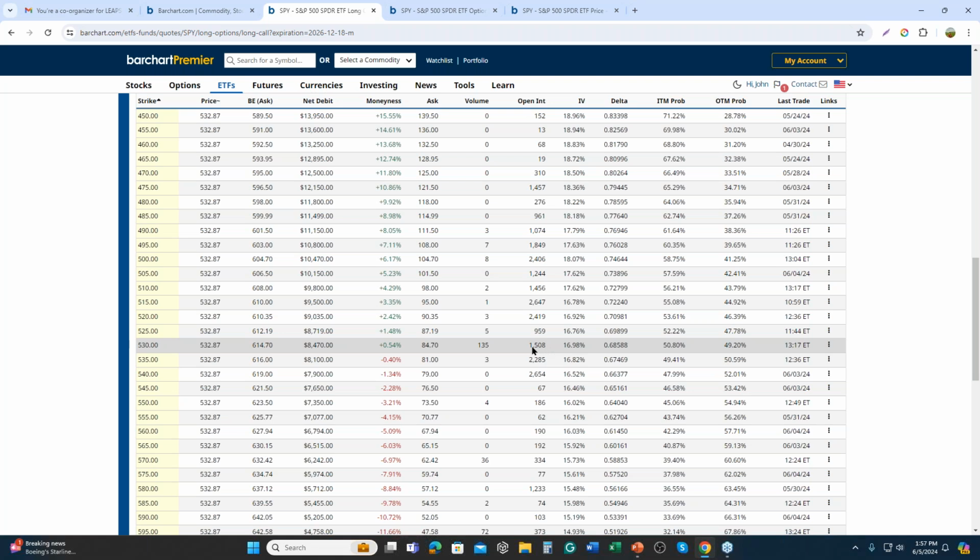Now, I will tell you this, that when you look at long calls and long puts, the basic generality you're going to find is that for calls, you're going to find a lot more action at current price and in the money calls. And when we look at puts, you're going to see a lot more action at the money and out of the money puts.